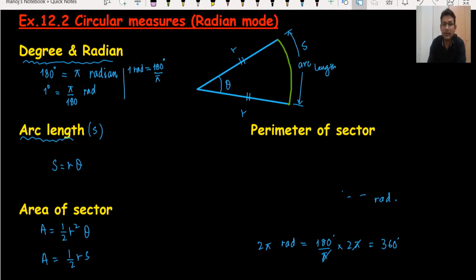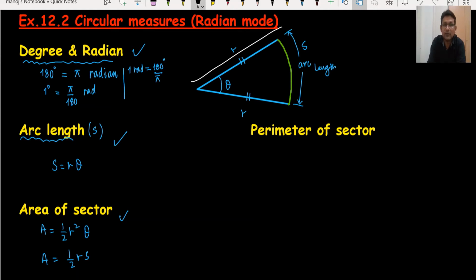Okay. What about the perimeter of this sector, if you want to find it? The arc length, the arc, and the area of the sector in degree mode are enough, but I also would like to explain how we can find the perimeter. The perimeter means I am talking about all three sides, because perimeter means we are talking about the closed figure.